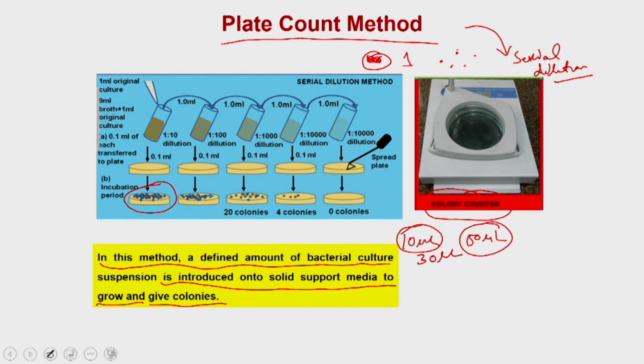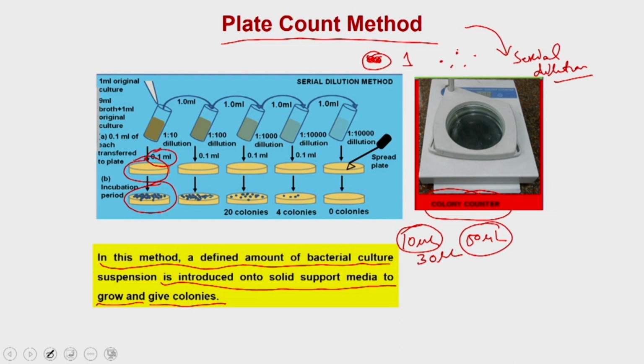So, you take 100 microliter of bacteria, put it onto the plate, and let them grow for another 16 hours, and that will give you individual colonies. Then you take this plate and put it into the colony counter.